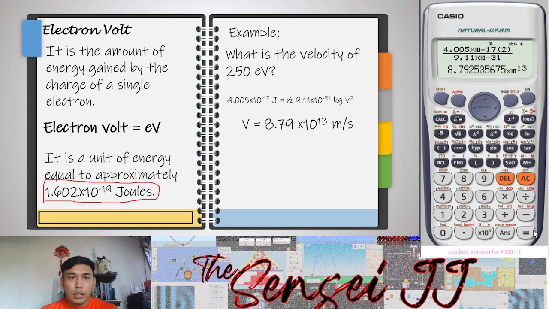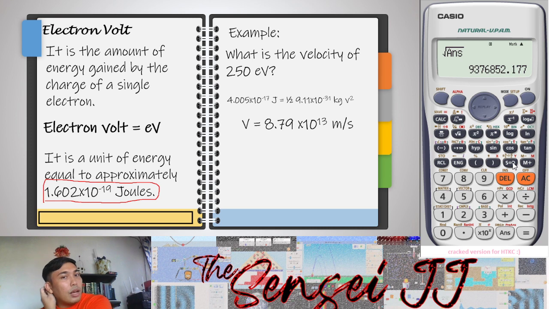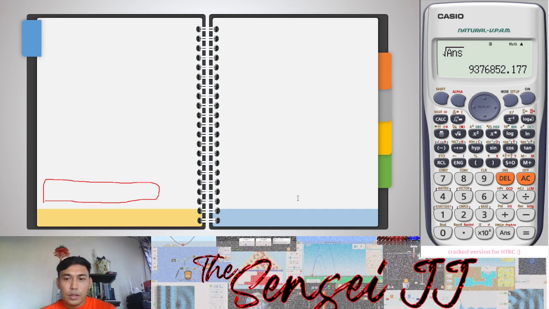Okay, so yon. May kulang pa pala tayo doon. Okay, so may kulang pa tayo, and so guys, aking ayusin. So yon. So we have here our velocity of 9.3.